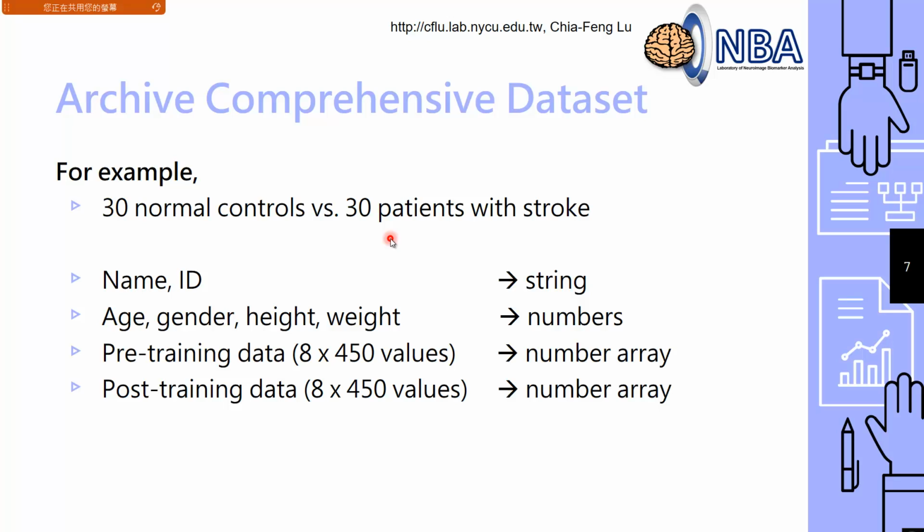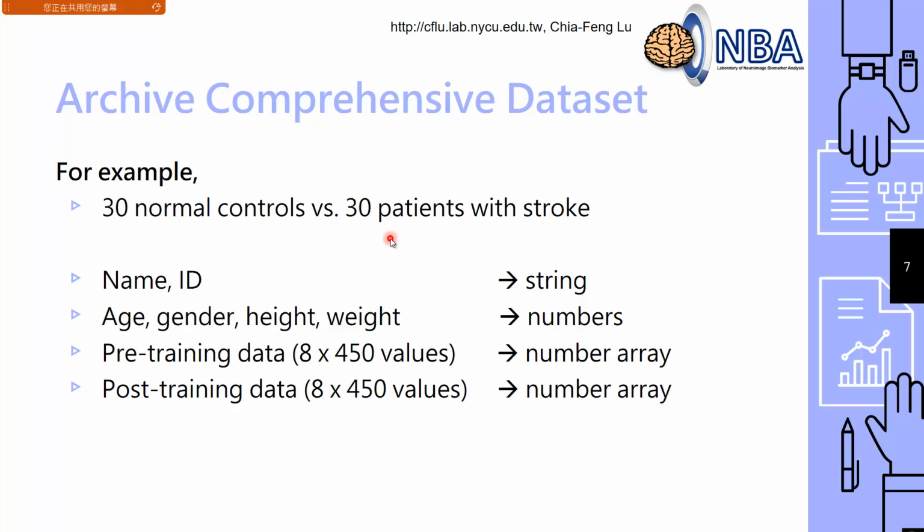This data set includes 60 patient data. Okay, it's pretty huge, but of course, some people may say it's not that huge because when we say big data or huge data, we can easily get a patient number over 100 or even over 1,000. So that is really big. But even for this case, you have 60 patients data on hand.